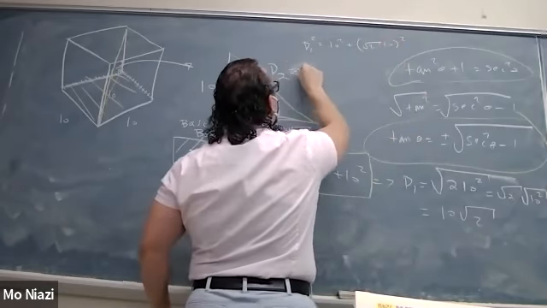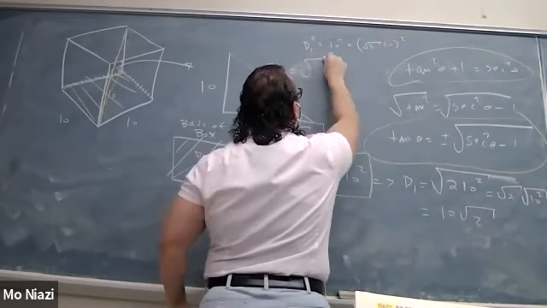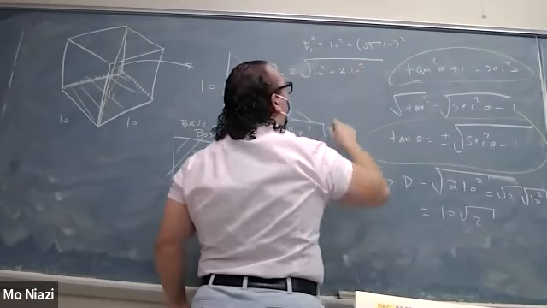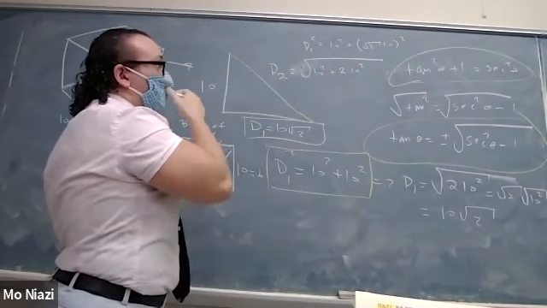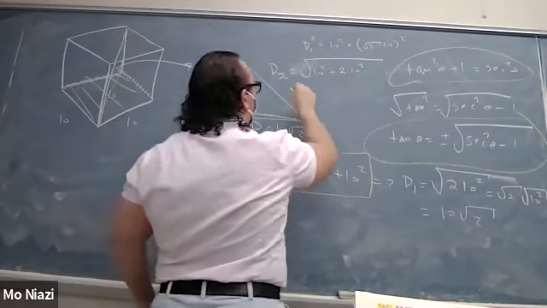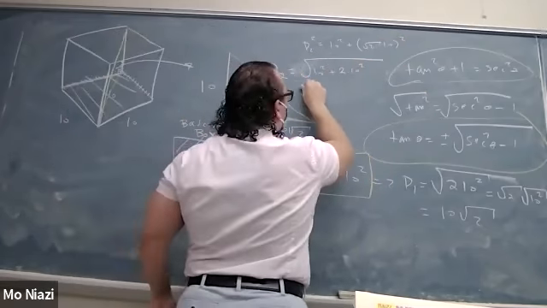That implies D2 is equal to the square root of 10 squared plus 2 times 10 squared, which is just 3 times 10 squared, which is the same thing as 10 root 3. And this is your D2, and this is your final answer. It's 10 root 3.